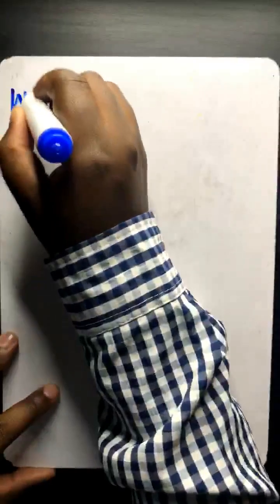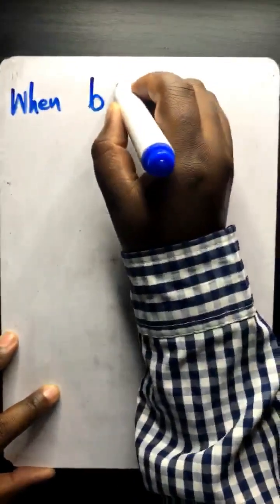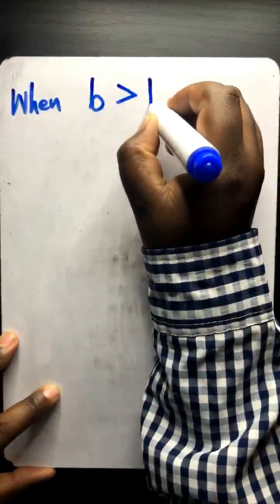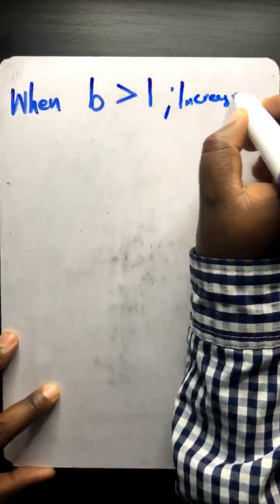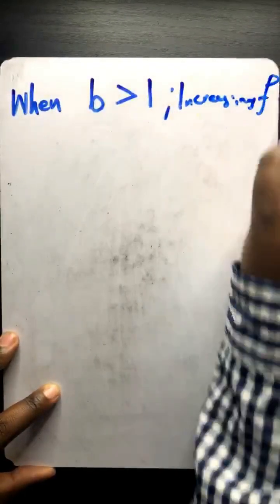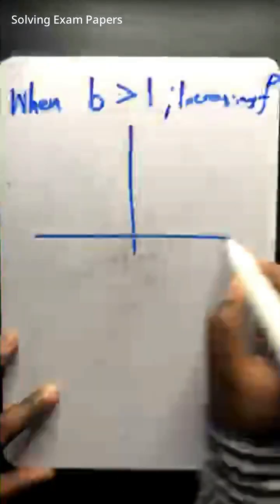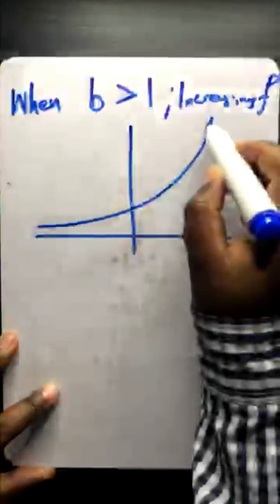We're saying when b is greater than 1, we call it an increasing function. This is how it looks. That's when it does that type of shape.